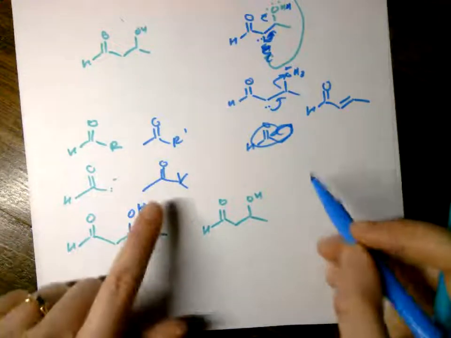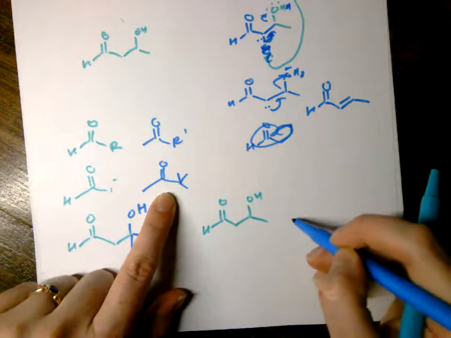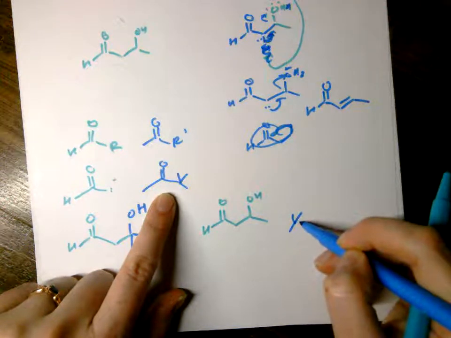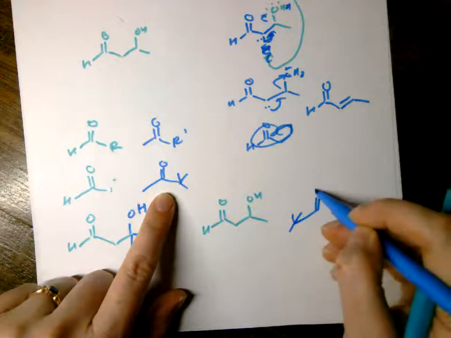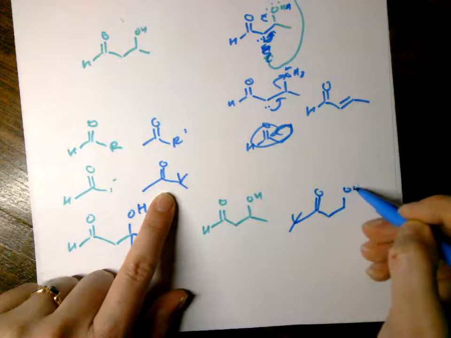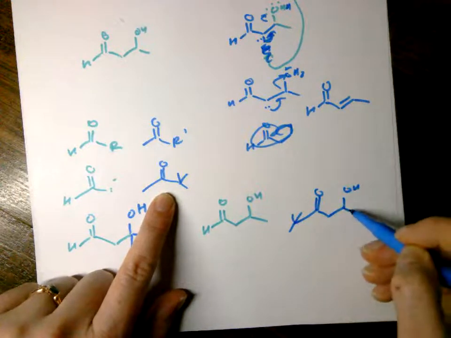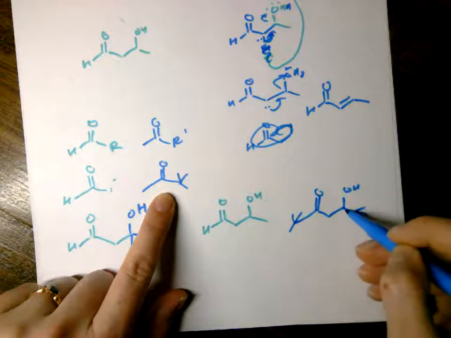Or you could have this attack itself. So that would be harder to draw without actually going through the mechanism for me, but OH, and then there'd be this branch chain and a methyl.